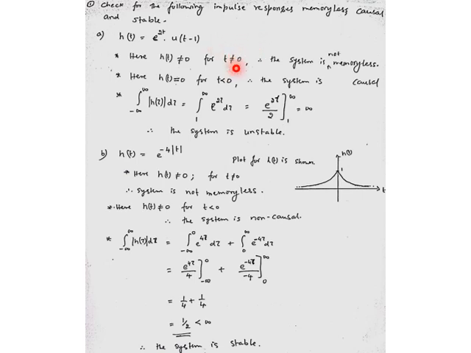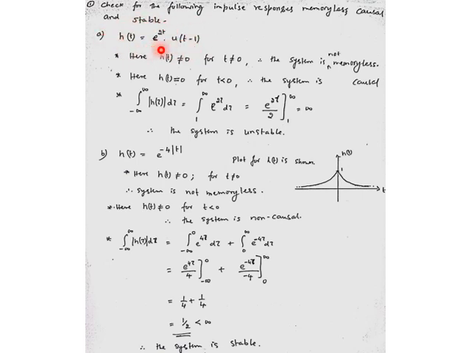So here, if t is not equal to 0, that means we are having some value. If t is equal to 0, what is going to happen? h of t is e to the power 0 and u of t minus 1.